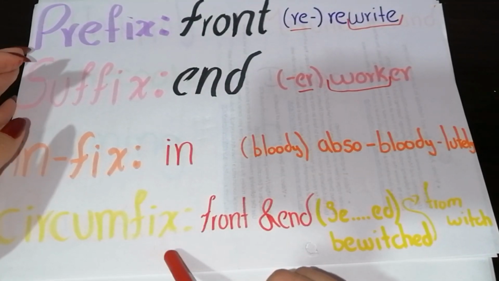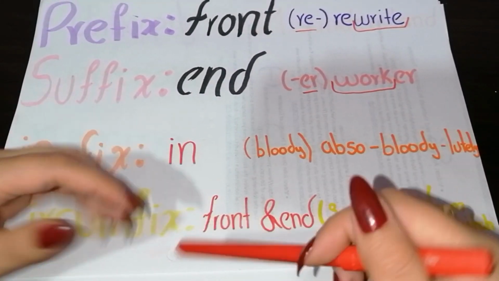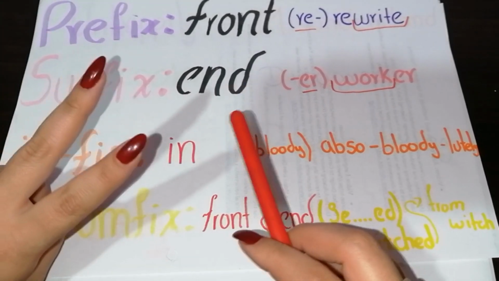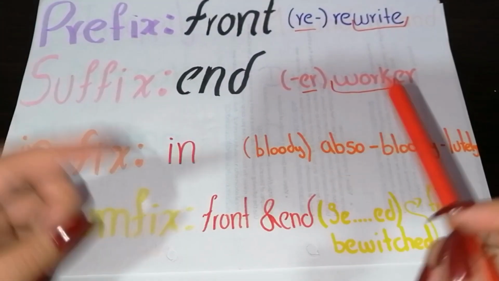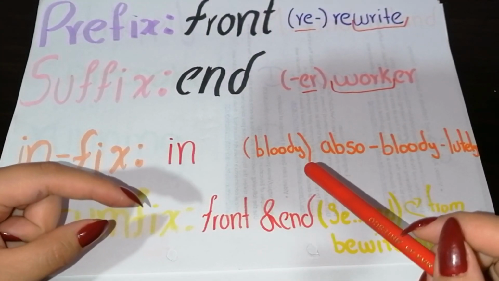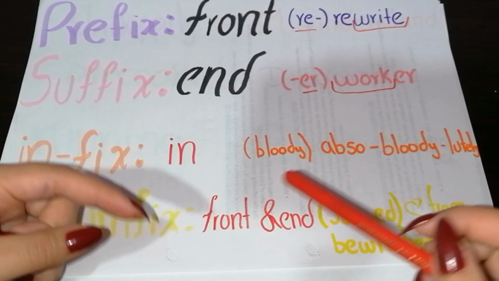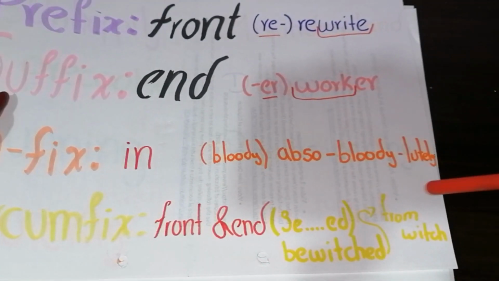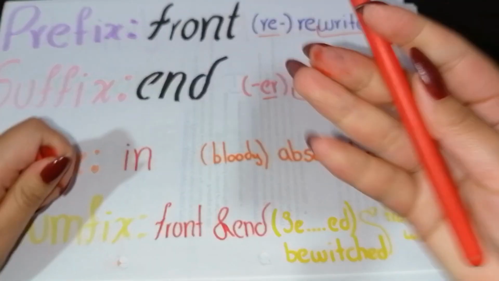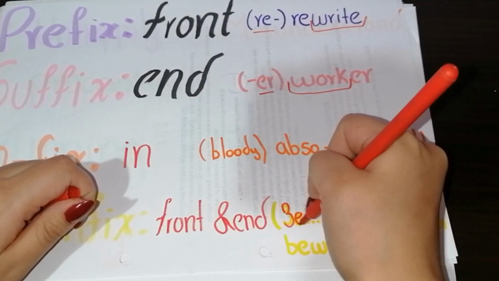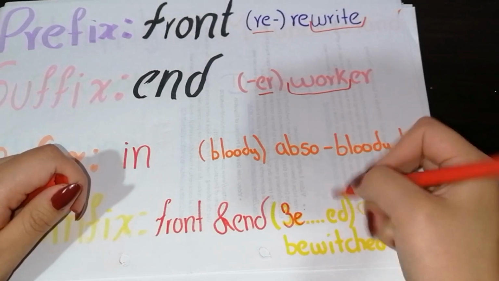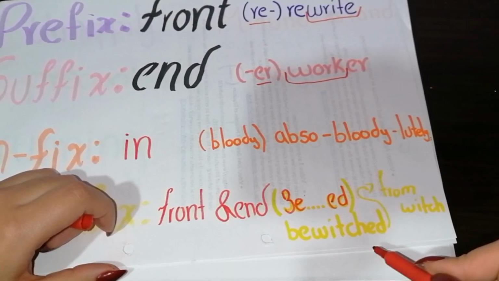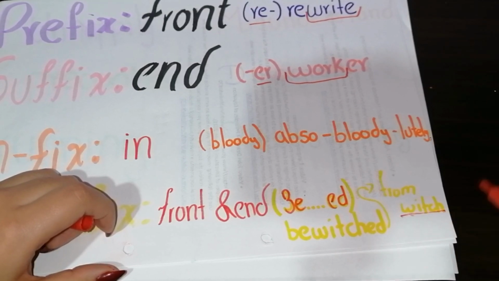And we have also circumfix. A circumfix is a type of bound morpheme that consists of two parts, one attached to the beginning and one attached to the end, as a suffix, for example. In this case, we have be at the beginning and ed at the end, and the example is bewitched from witch.